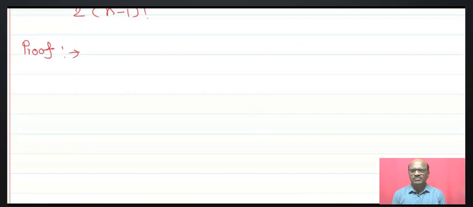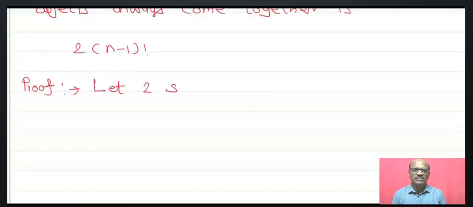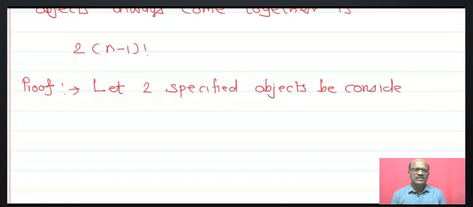Now see the proof of this. Let the 2 specified objects be considered as one single object.